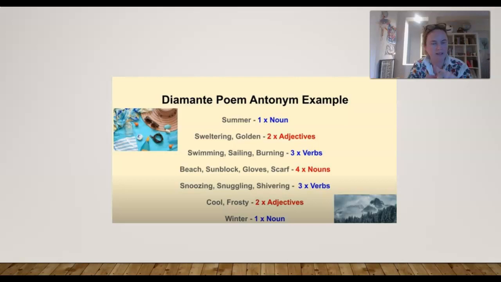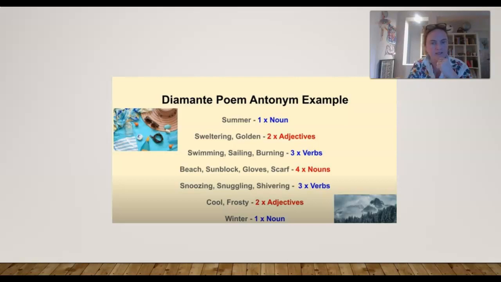So the poem changes halfway through, and it starts to be about the ending topic, which is winter. So the first half of the poem is about summer, the second half of the poem is about winter. So the second half is about the opposite of the first half.